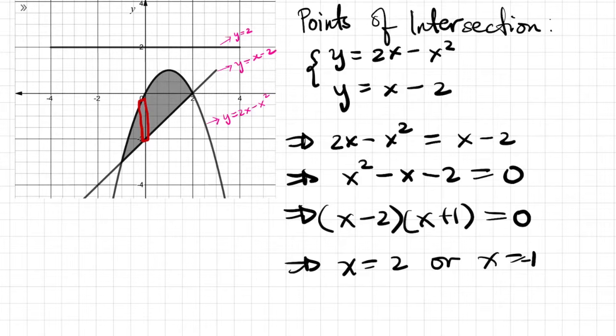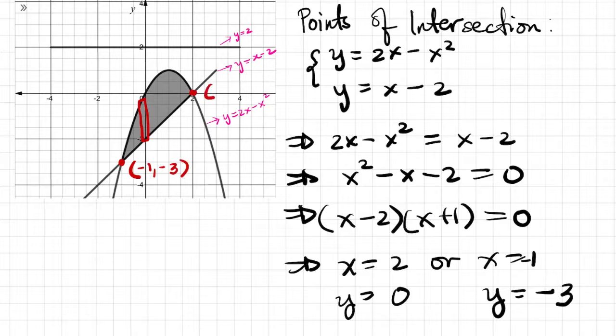Okay? When x is 2, y is 0, when x is negative 1, y is negative 3. So in the graph, we can see that this point here is negative 1, negative 3, while this point here is 2, 0.